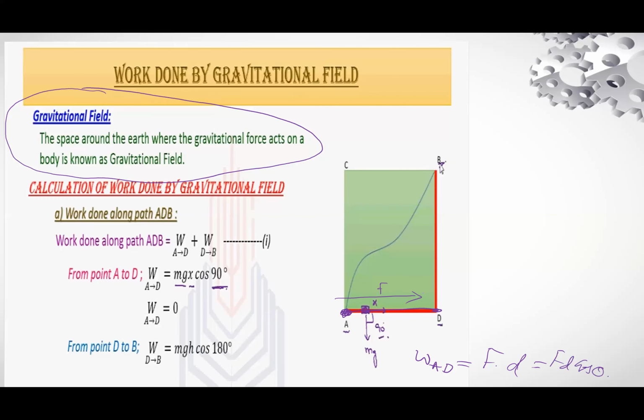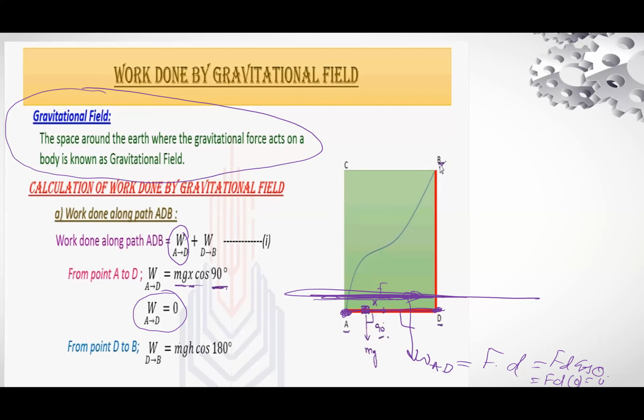The gravitational force acts downward, while displacement is in this direction, so the angle is 90 degrees. cos 90 is 0, so work done is 0. Work from A to D is 0.